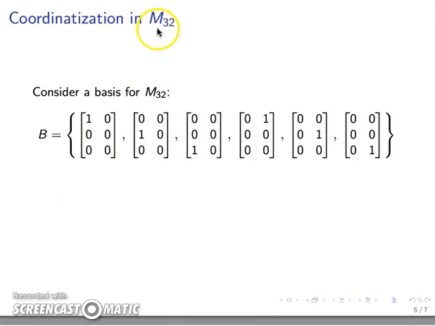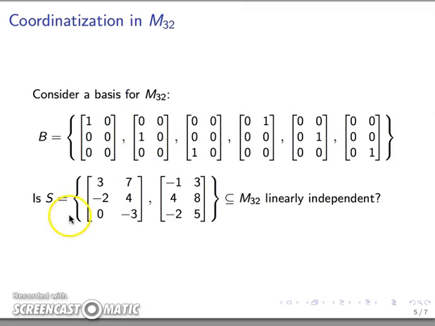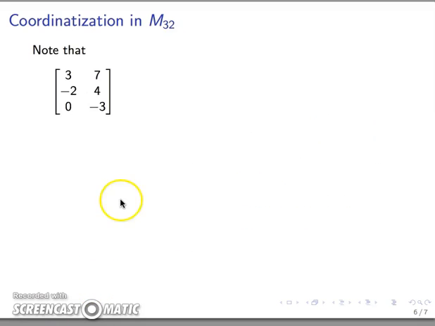Now let's consider the vector space M sub 32, or M32. This is a standard basis for this vector space. These are matrices with 3 rows and 2 columns. Each matrix has a lot of zeros, and only one of its entries is equal to 1. What we want to address here is this set S, being equal to these two matrices, a linearly independent set in M sub 3,2.